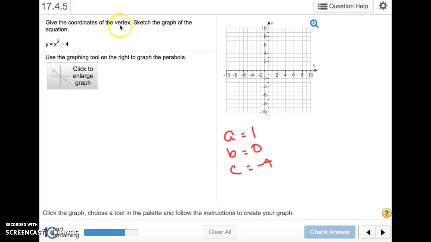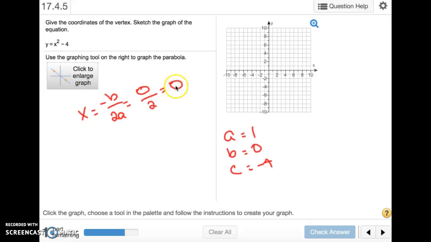So to find the vertex, because that's the first thing that I'm going to have to do to be able to graph this, I'm going to start x equals negative b over 2a. Well, negative 0 is just 0 over 2 times 1, which is 2, and that's going to give me 0.